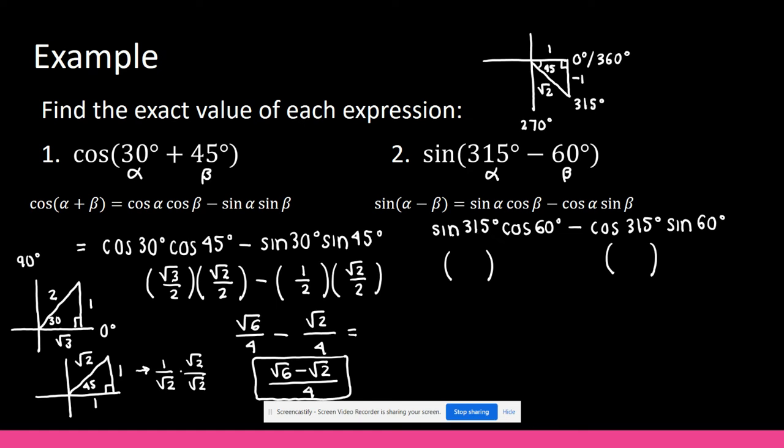So 315 degrees for sine, using this picture, sine is opposite over hypotenuse. We'll notice that it would be -1 over the square root of 2. Just like the last problem, I'm going to rationalize, and that will turn into negative square root of 2 over 2. If I look at cosine of 315, using my reference angle of 45, cosine is adjacent over hypotenuse, 1 over the square root of 2, rationalize into the square root of 2 over 2.